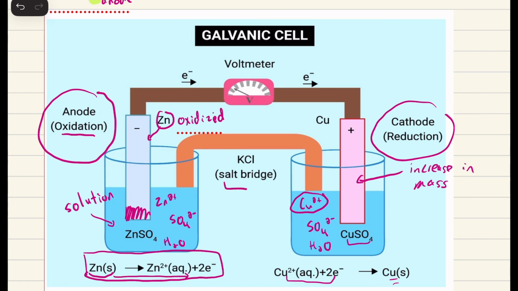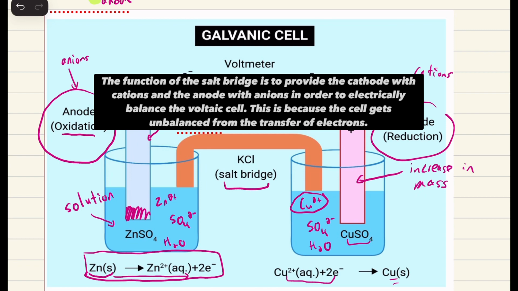Now, this salt bridge, remember that your cations are going to accumulate at the cathode, and the anions are going to accumulate at the anode. And the mechanism on how that's going to happen is largely through the salt bridge.